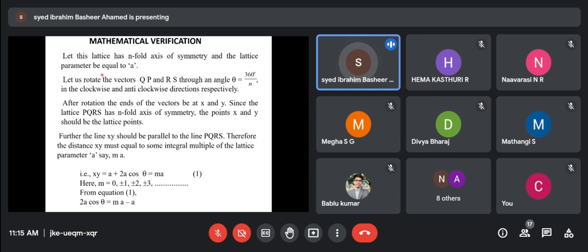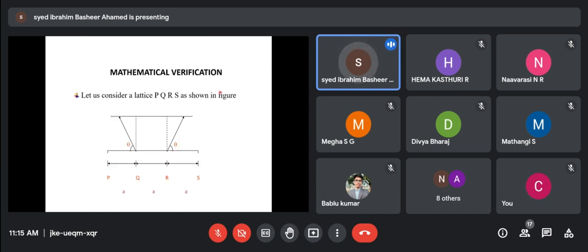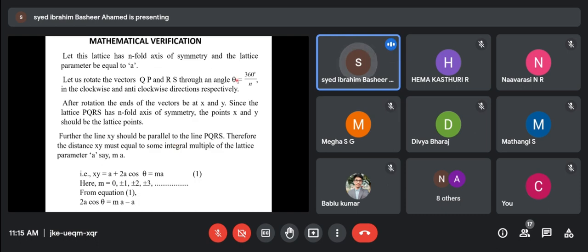Let us rotate the vectors QP and RS through an angle theta, which is equal to 360 divided by n, in the clockwise and anti-clockwise direction respectively. Okay, so in the clockwise or anti-clockwise, you rotate by an angle theta.